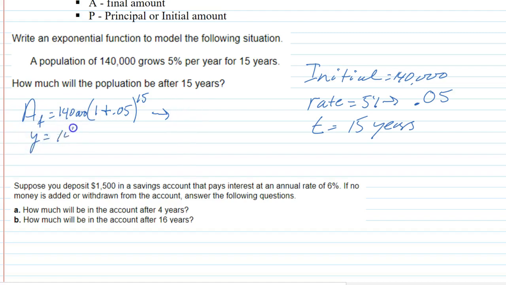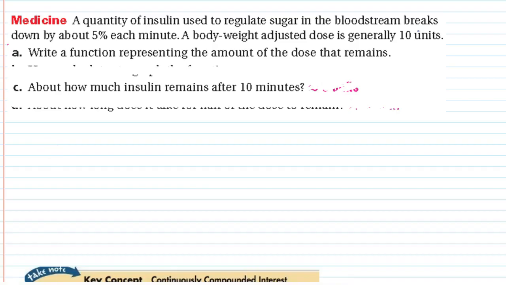So y is equal to 140,000 times 1 plus 0.05, which is 1.05, raised to the power of 15. Then you simply plug that into your calculator. When you plug that into your calculator, you get your final amount for the population is 291,050.